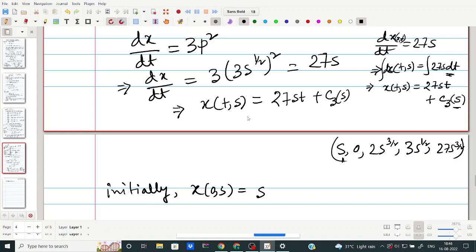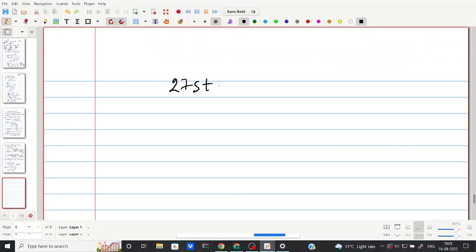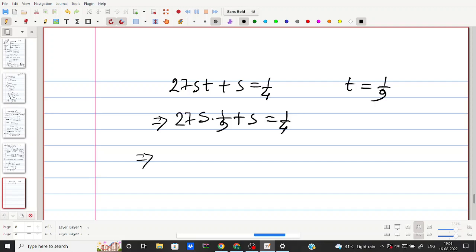I'm writing 27st plus s equals 1/4 and t equals 1/9. So I am finding the value of s from here. 3s plus s is 1/4. So s is 1/16.